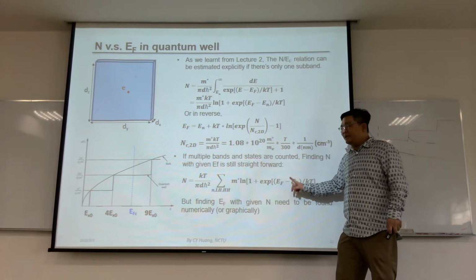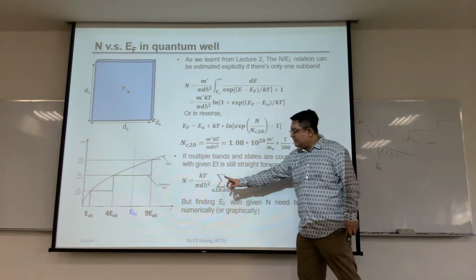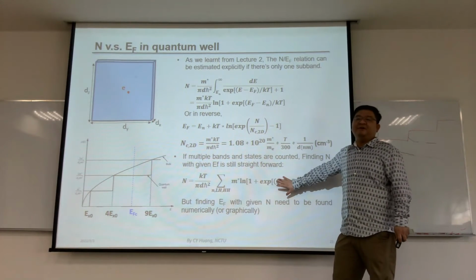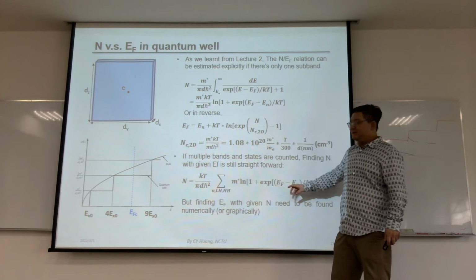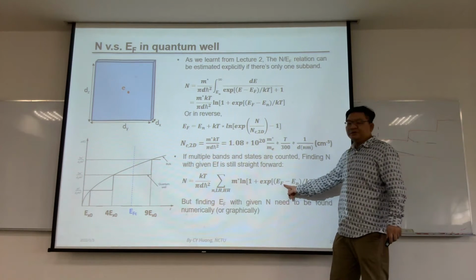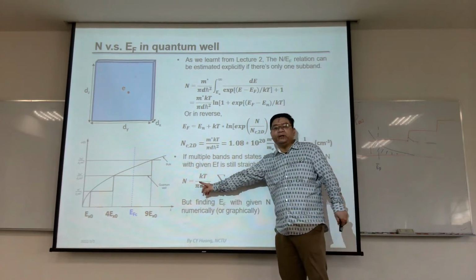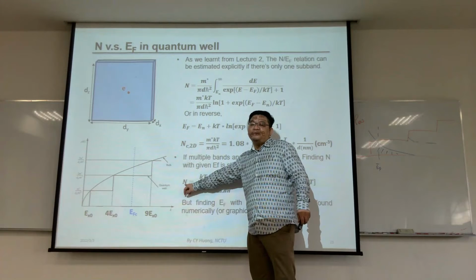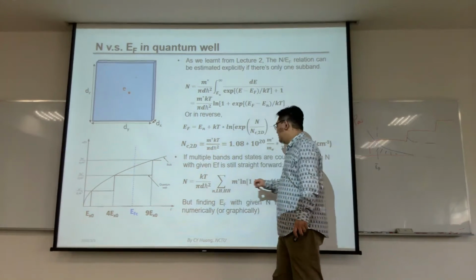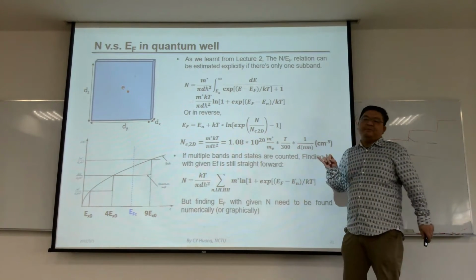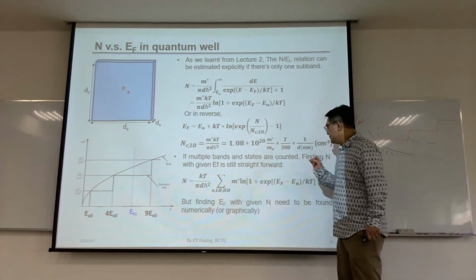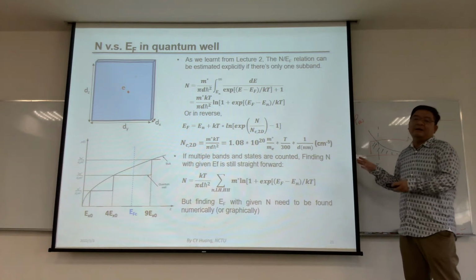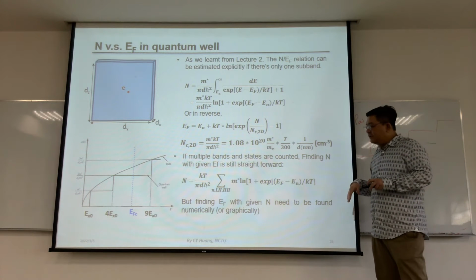But if I give you some N and you want to calculate where the EF is, it will be difficult. So given a position of EF, it is easy to calculate the carrier density. But if I only give you the number of the carrier density, you need to do that graphically. It's also homework you need to do. I will explain that later.